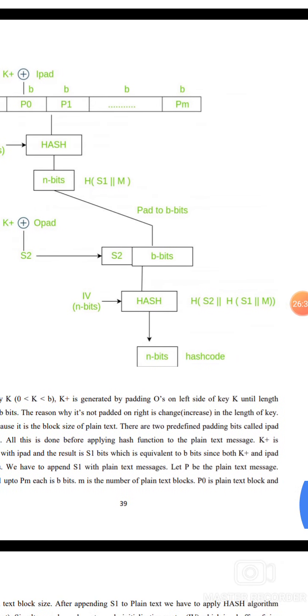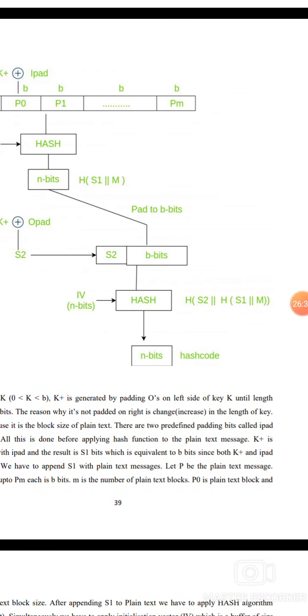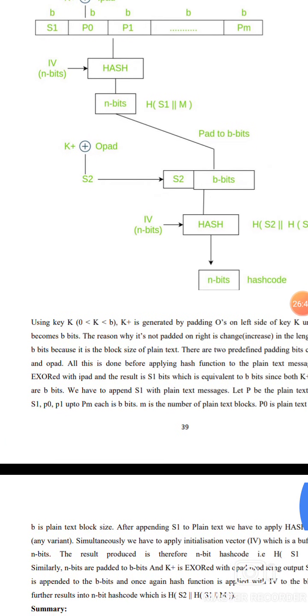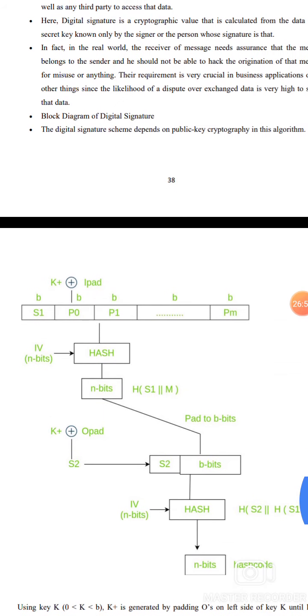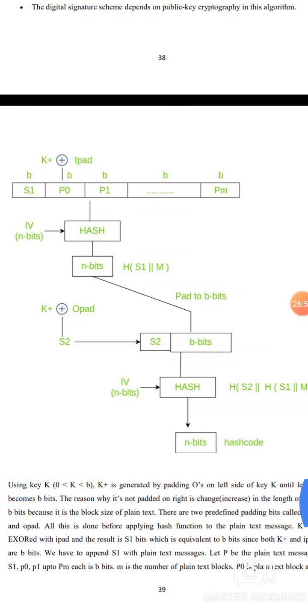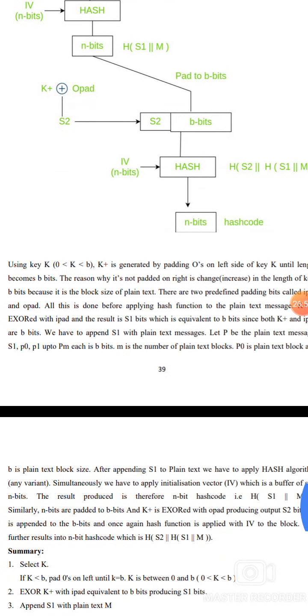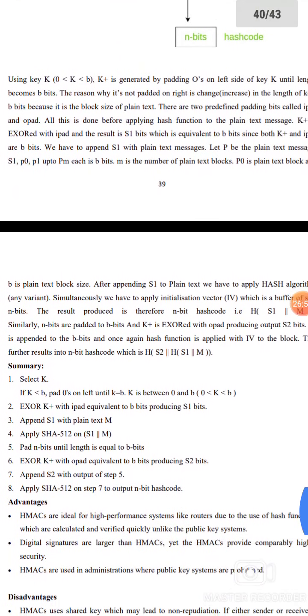The n bits go to the hash, and H of S2 and H of S1 use the keys. The n-bit output is the hash code. This diagram explains the hash function and the bits, and how the hash code is defined in this structure of the cryptographic algorithm.